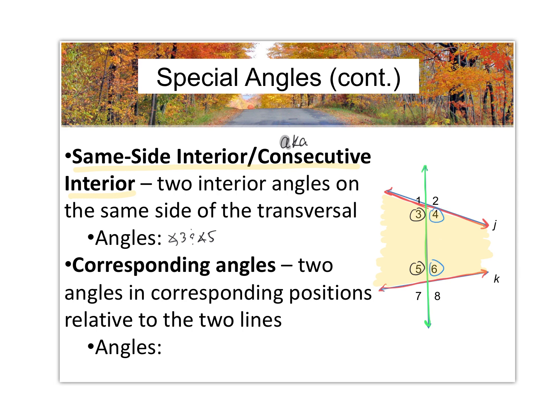Angle 4 and angle 6 are interior angles that are on the same side of the transversal. So they are same side interior, also known as consecutive. They say consecutive because one follows the other. They're kind of in a row there, but I like same side interior better than consecutive.